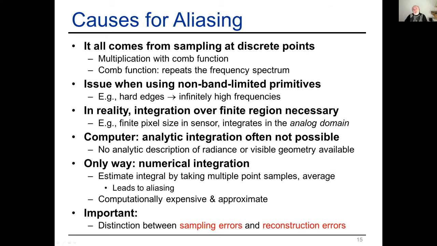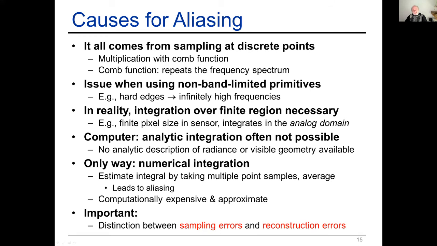It would be perfect if we didn't have high frequencies, but we do have edges, perfect edges, shadows, or geometry edges. So in rendering, we cannot avoid this. So we'll have some sampling errors. But there's a different type of error that can come once we have done sampling, and we have some errors already in our representation.